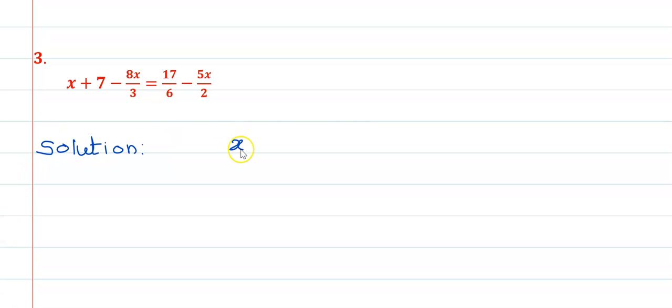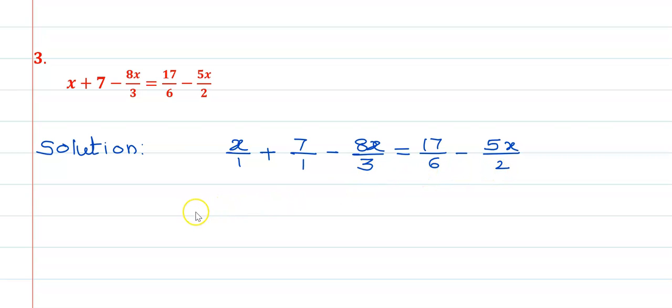Here is x upon 1 plus 7 upon 1 minus 8x upon 3, and that's equal to 17 upon 6 minus 5x upon 2. Now the LCM of 2, 3, 6 is 6.